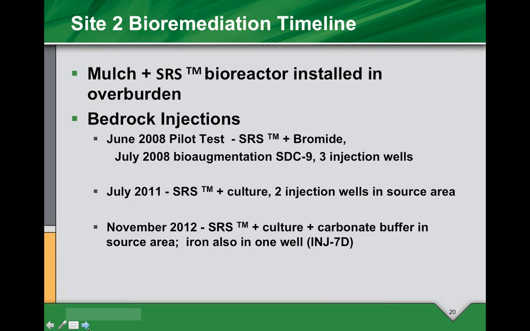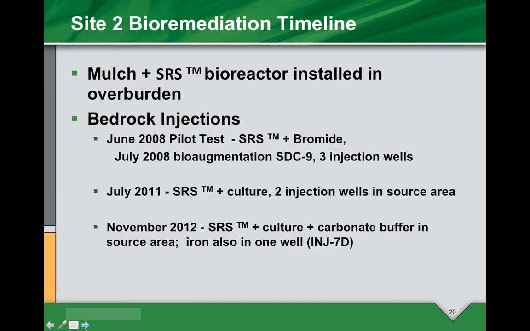This portion of the presentation will focus on 2 bedrock injections that occurred in the source area, the first of which would be represented by the second bullet here. In July of 2011, vegetable oil and bioaugmentation culture was injected into 2 injection wells within the source area in the bedrock, and I'll be sharing information collected after that injection.